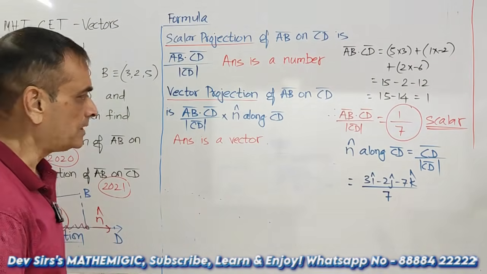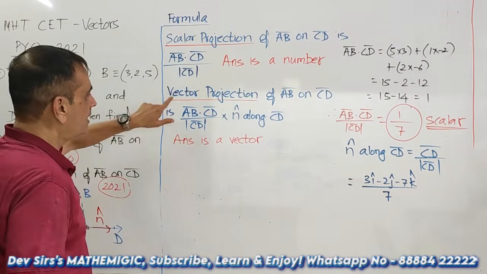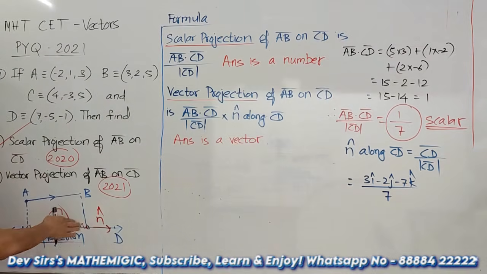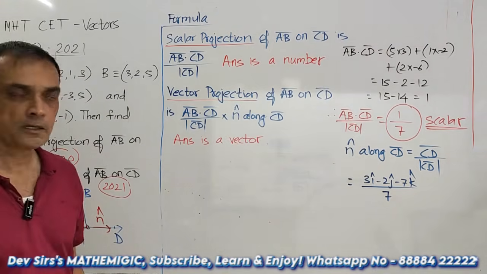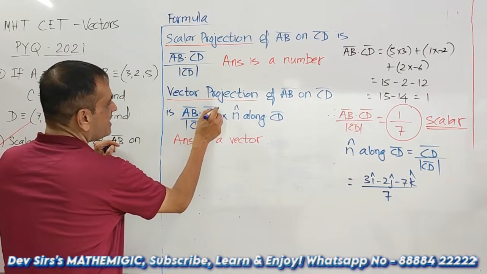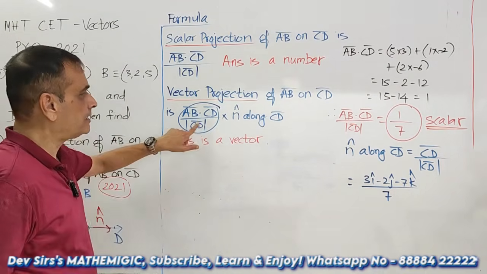Let's finish the problem. Vector projection of AB on CD: AB dot CD upon magnitude of CD, that is the scalar projection.